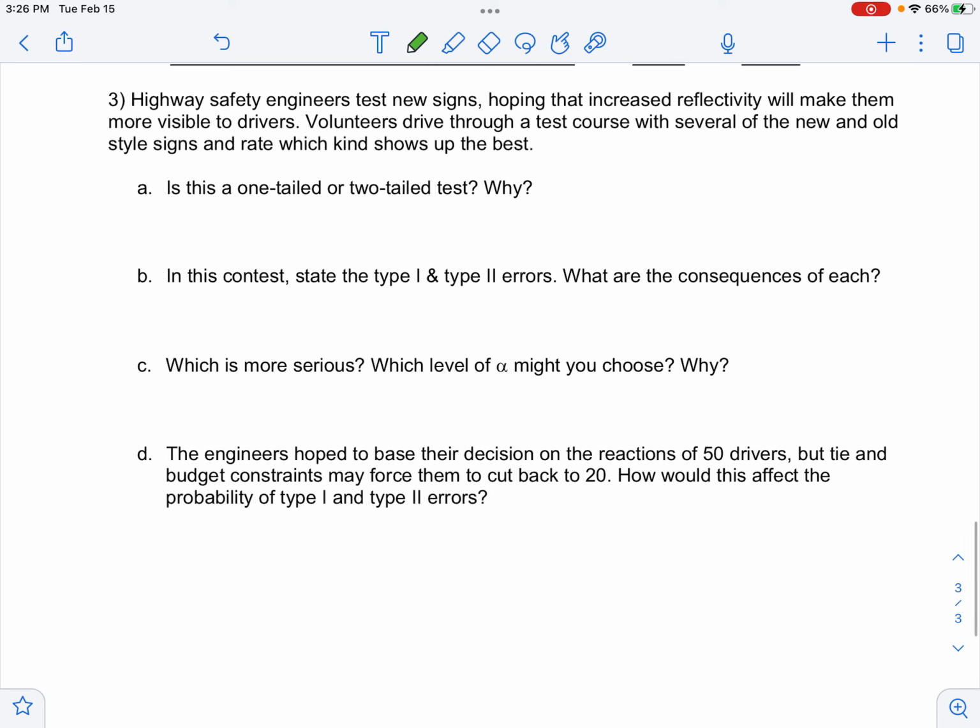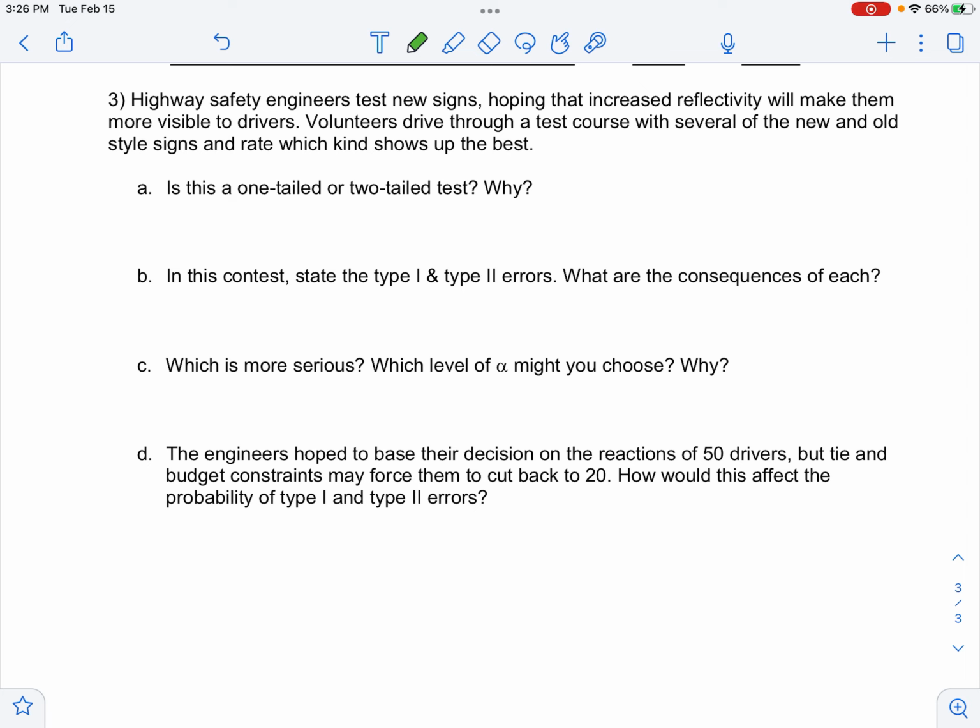All right, and lastly, question 3. Highway safety engineers test new signs hoping that increased reflectivity will make them more visible to drivers. Volunteers drive through a test course with several of the new and old style signs and rate which kind shows up best.